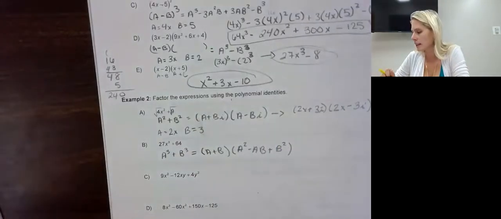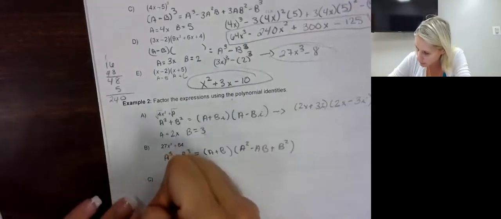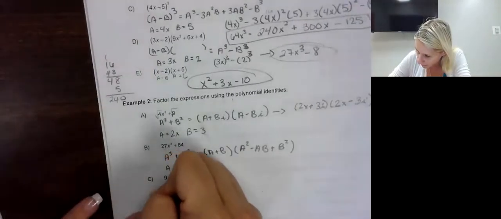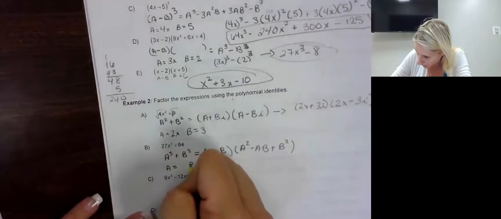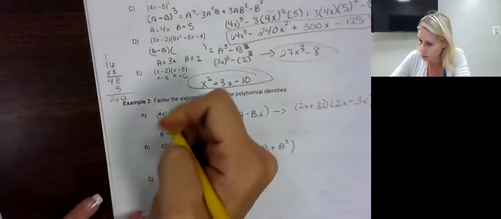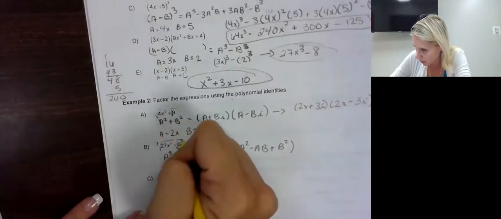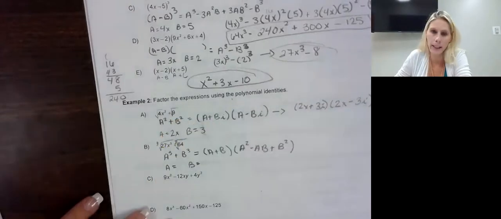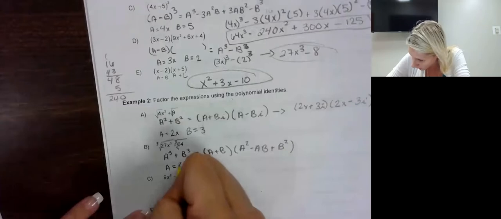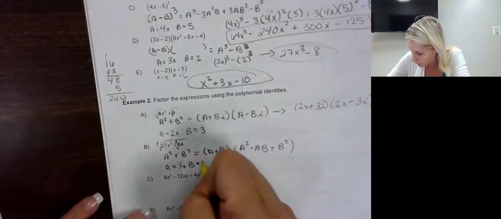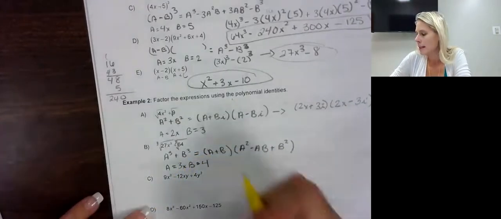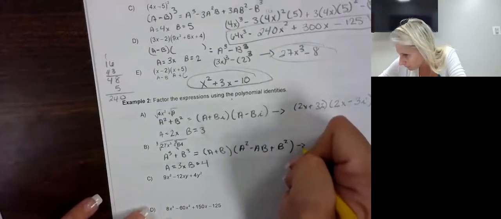This is our identity. Let's talk about our A's and our B's. Now, to get our A and to get our B, remember last time we took the square root. So what we're going to do now is take the cube root of both of these to find our A and our B. So this would be 3x and this would be 4. Now I'm going to substitute in.